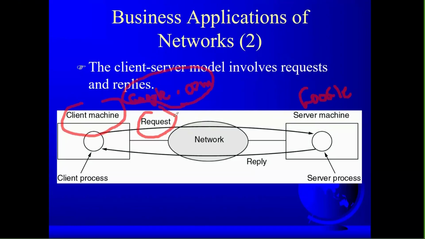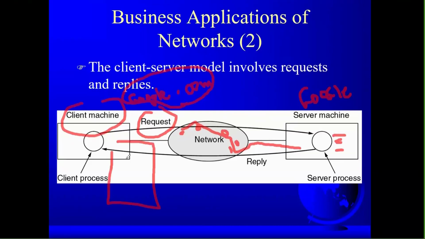Okay? It figures out you want to go to Google, goes through multiple networks like this. This is your message, goes like this, and then finally your request comes to the Google machine. They run an algorithm to achieve your request and give you the page. That's the first thing.